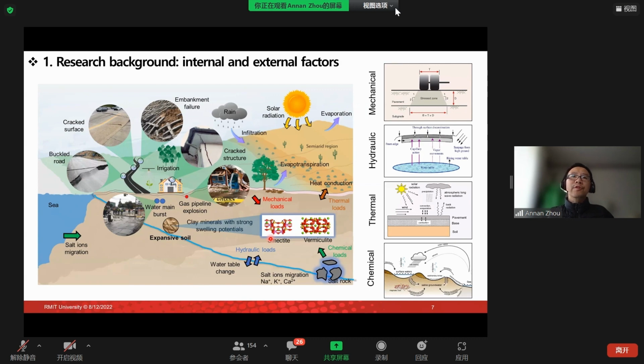So our research aims to provide deep understanding and a practical model for expansive soil at a nanoscale by using molecular simulation. The understanding and the molecular model can be used as a foundation to build up a scale-up model at a meso scale and micro scale.